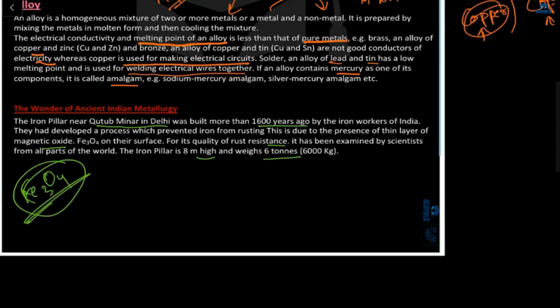If we make a thin layer of Fe3O4, what will happen? It will resist the rust of iron. ठीक है? And that's why till now it looks very shiny and it's not rusted at all.